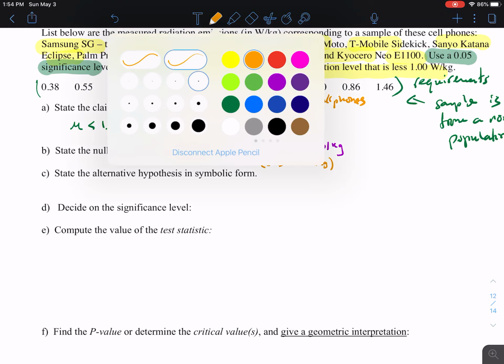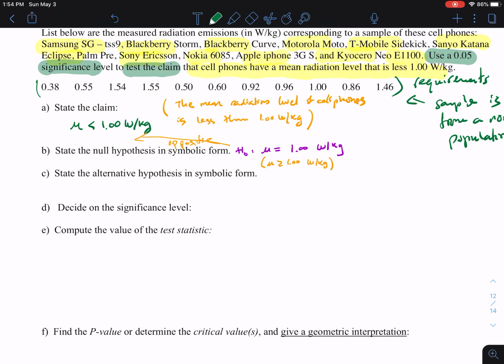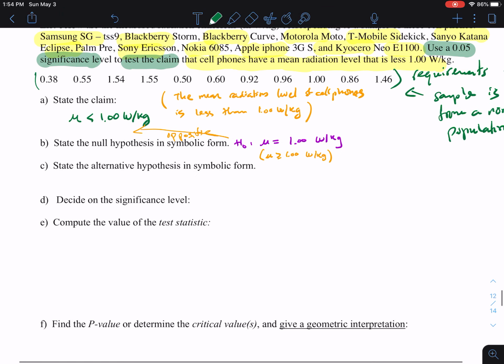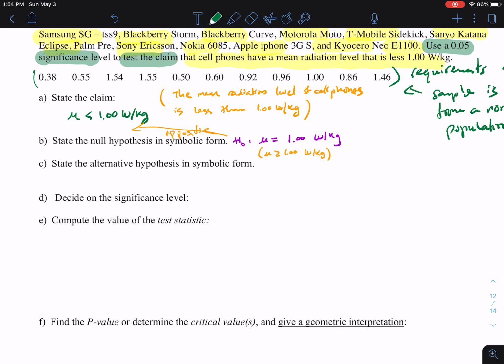If we assume this is true, and we look at the evidence, and the evidence doesn't suggest that this is true, then we have to support the alternative, and the alternative in this case is going to be the same thing as the claim. One of these statements has to be the claim. That's how we do it in this class.